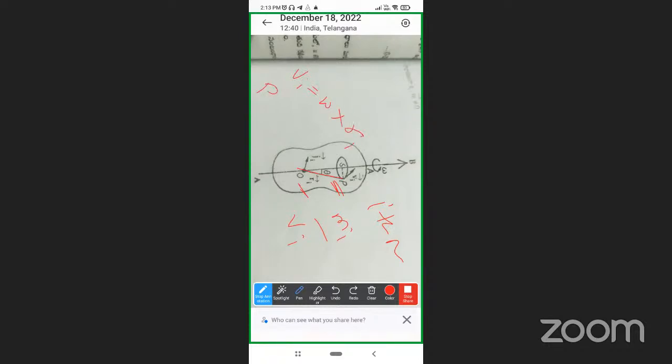So what is the momentum? P is equal to mv. What is v? v is omega cross ri. So we substitute: m into omega cross ri.